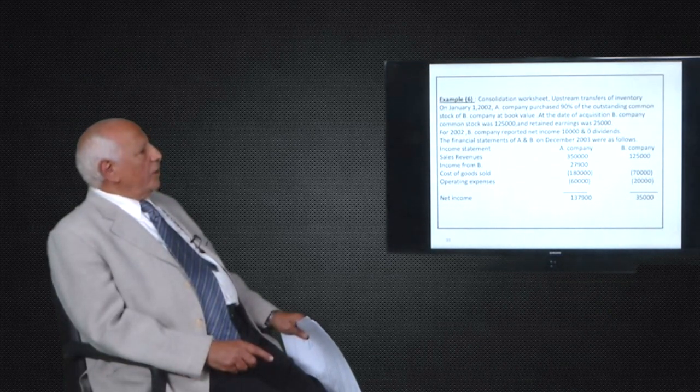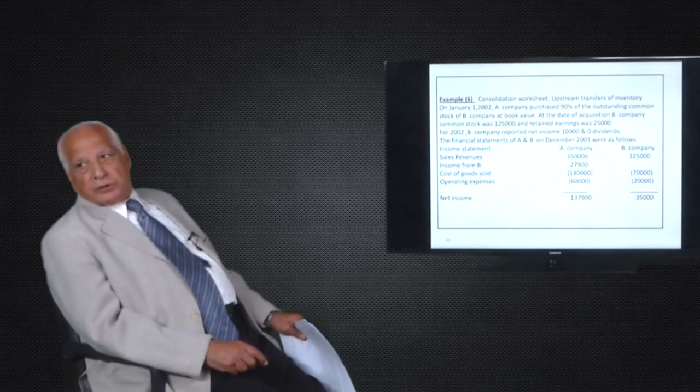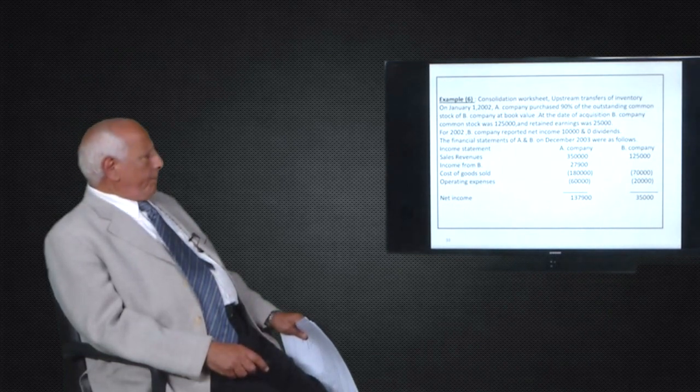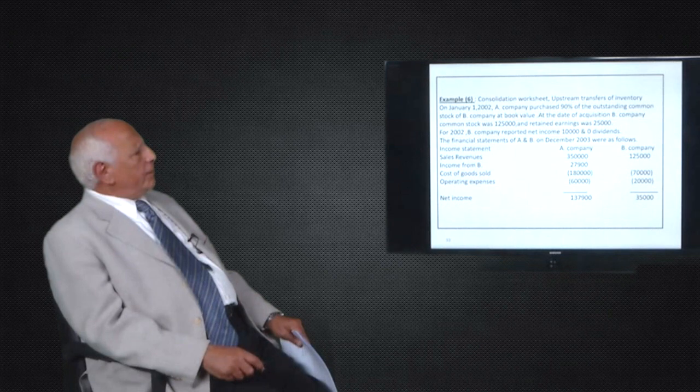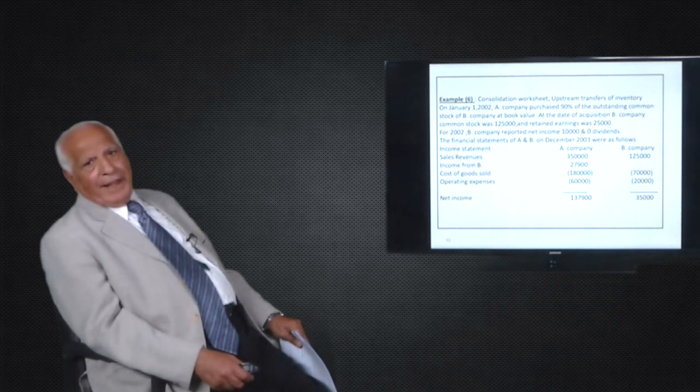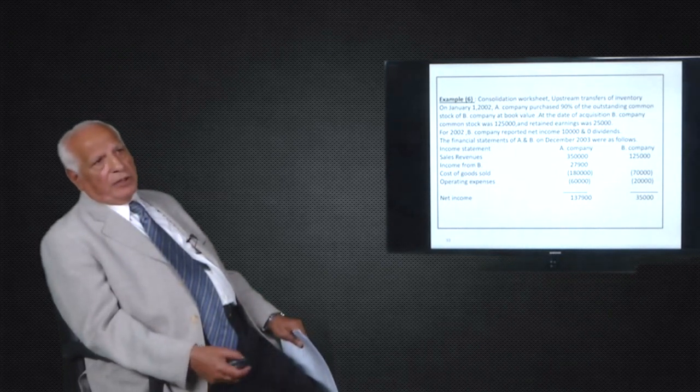At the date of acquisition, B company common stock was 125,000. Retained earning was 25,000. For 2002, B company reported net income 10,000 and 0 dividends. There is no dividend, 0 dividends.